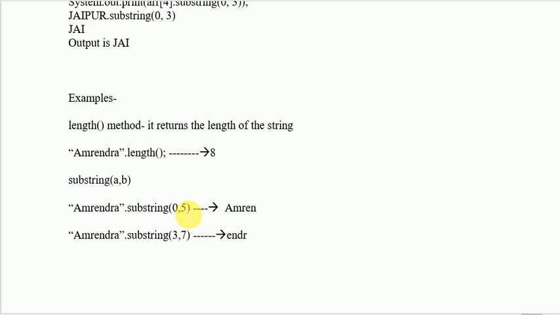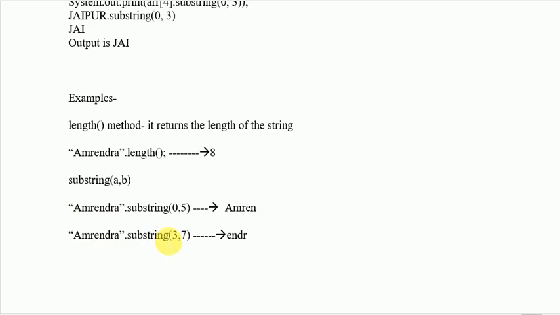Amrendra.substring(0, 5): as I have told you earlier, it will start from the 0th position, and for 5 you have to subtract 1 from it, and that will give you the end position, which means 5 minus 1 is equal to 4. Start from 0, that is A, and go till the 4th position: 0, 1, 2, 3 and 4, that is N. So AMREN will be the output.